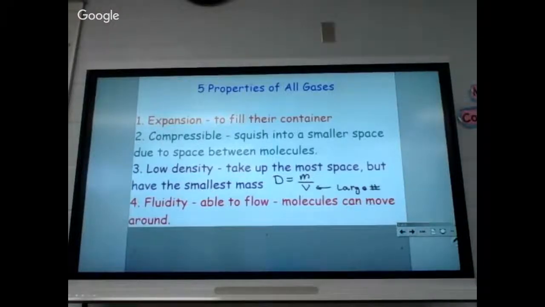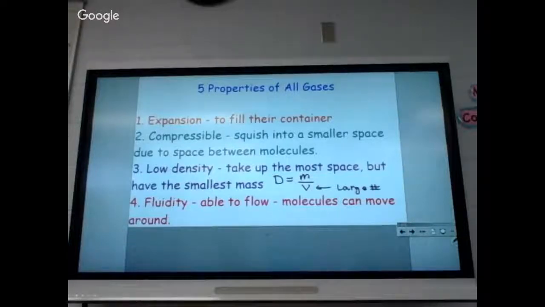When you get up to leave and go to third period or get up to put your calculators in the tub, the gas molecules will flow around your body. If the gas molecules didn't flow around your body, would you be able to put the calculators in the tub or go to third period? No, it'd be like walking into a wall. Molecules just wouldn't move around your body. It would be very painful to get up and move.